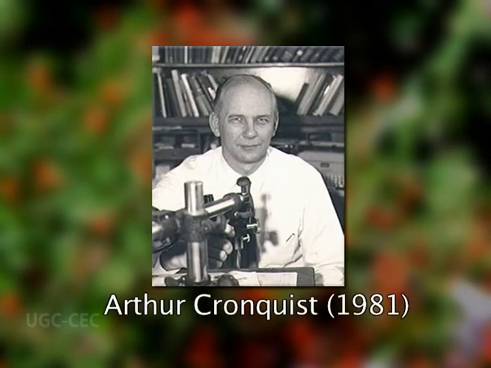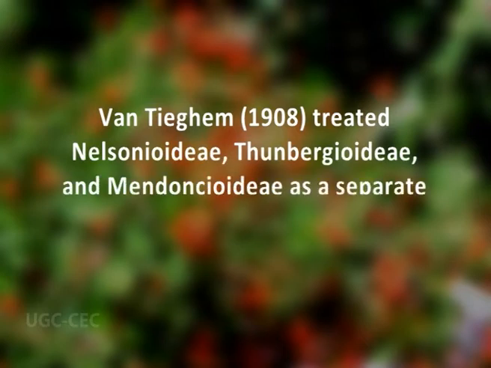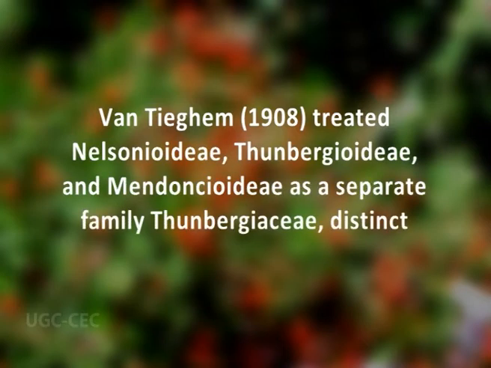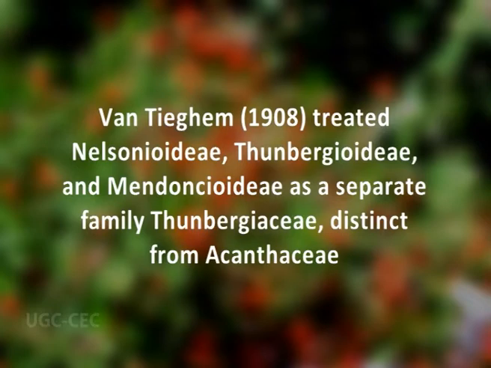Cronquist in 1981 treated Mendonciaceae as a separate family, apparently due to its drupaceous fruits. Van Tieghem treated Nelsonioideae, Thunbergioideae and Mendoncioideae as a separate family, Thunbergiaceae, distinct from Acanthaceae.